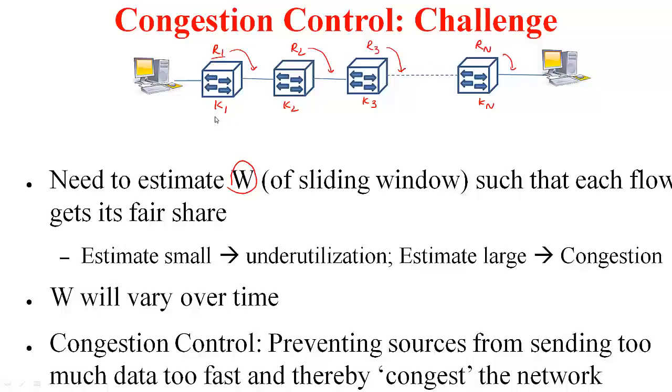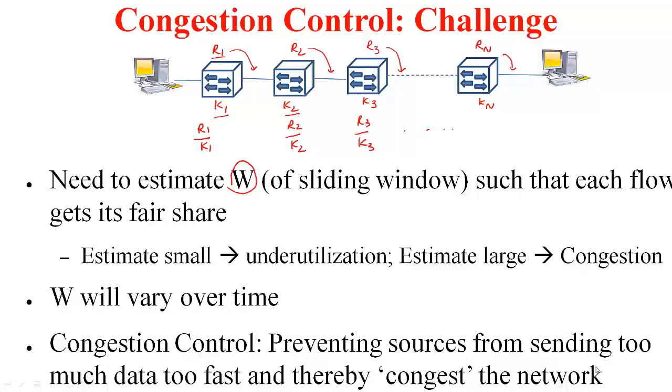Now this router, let's say, is supporting K1 flows, supporting K2 flows, and so on and so forth. And let's also assume that these flows are TCP flows. Now what is your share of the throughput at this particular router when this link bandwidth is R1? So if fairness is honored, the throughput that you will get is basically R1 over K1 because this link bandwidth is going to be shared across all these flows. At this, it is going to be R2 over K2. At this, it will be R3 over K3, so on and so forth.